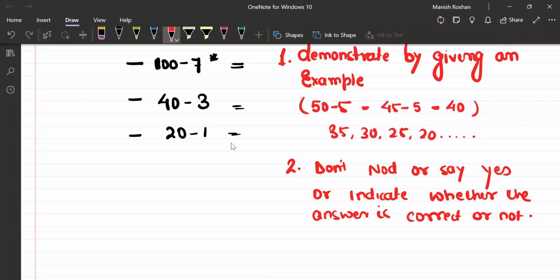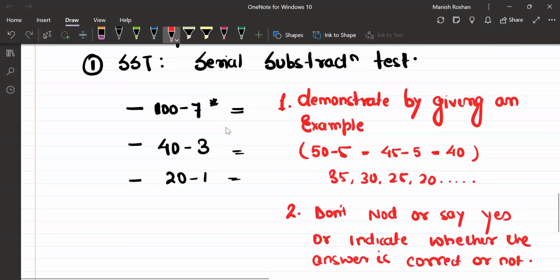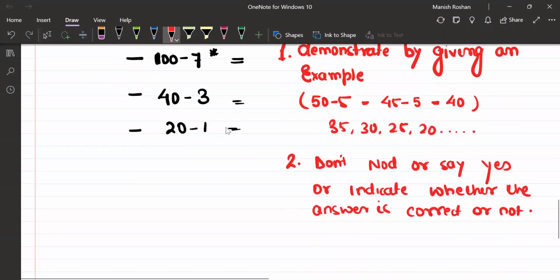Don't do it. For example, the patient starts doing 100 minus 7, 93, 86, 79. Instead of 79, if he says 78, don't look at him, don't frown at him, don't say yes, don't say no, don't say whether he or she is correct or not. Just ask him to continue and complete the test. So these are the general instructions that you should follow while conducting a serial subtraction test.